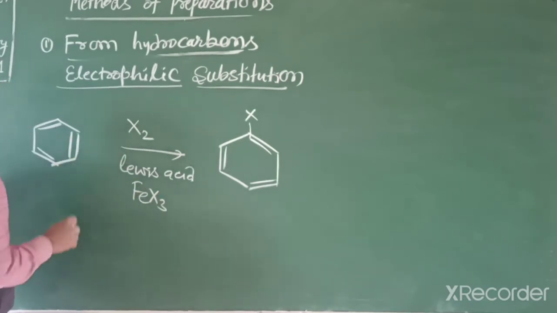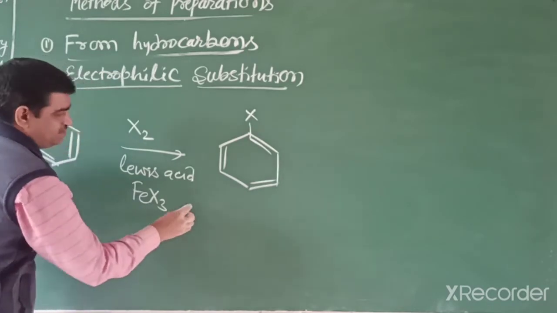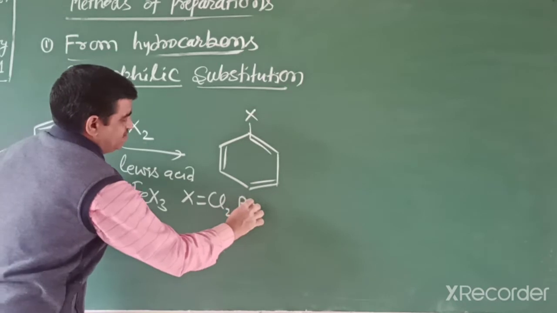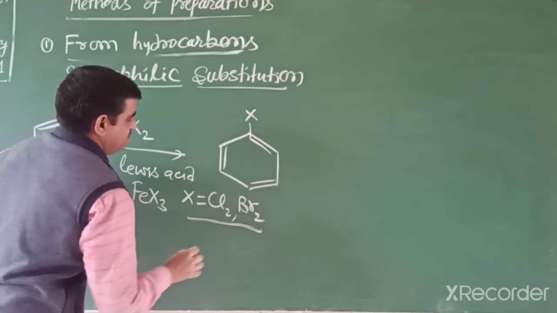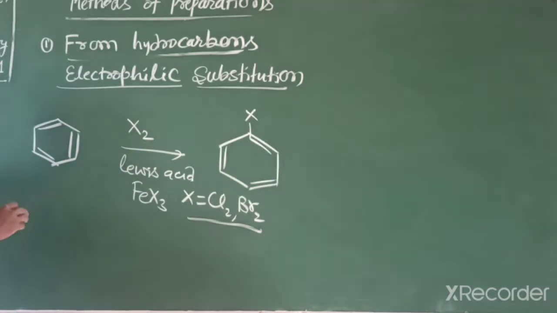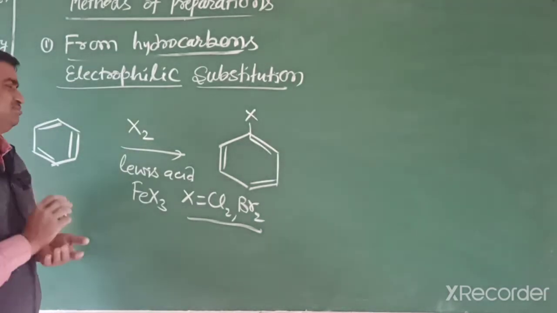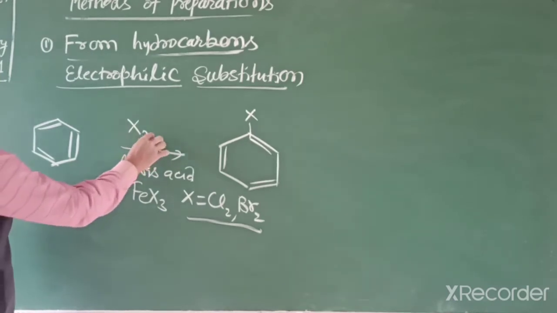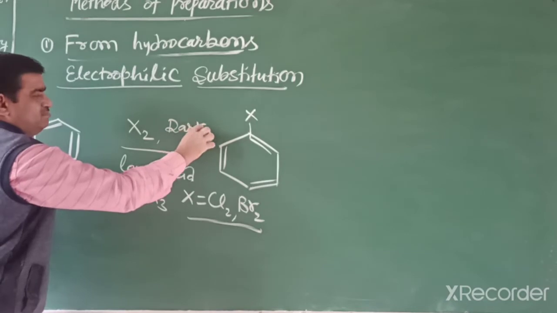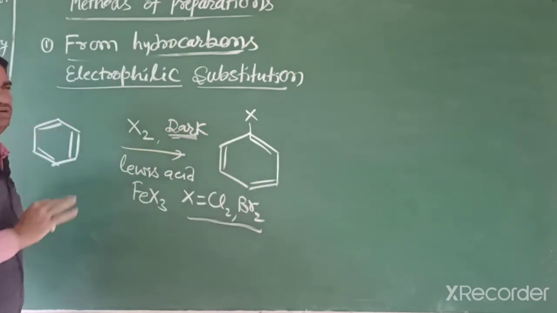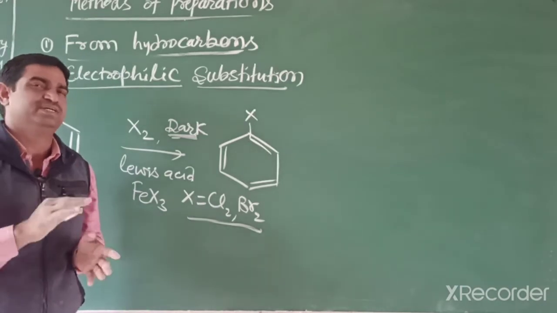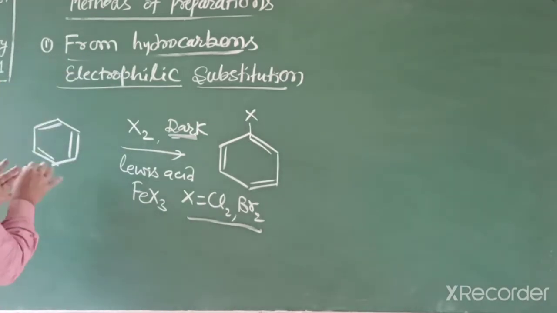And X we can write here, meaning a halogen, chlorine and bromine, because chlorine and iodine have exceptional behavior. This reaction requires darkness, meaning it occurs in the dark, whereas the earlier free radical halogenation occurs in light, sunlight. So there is a difference.